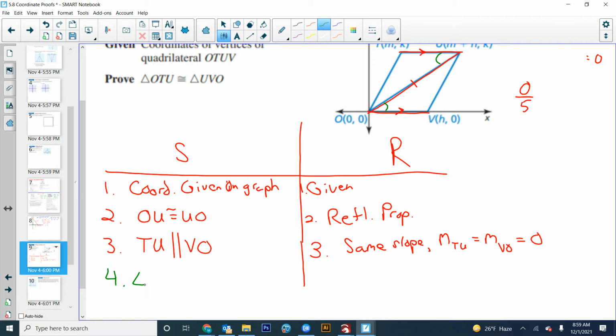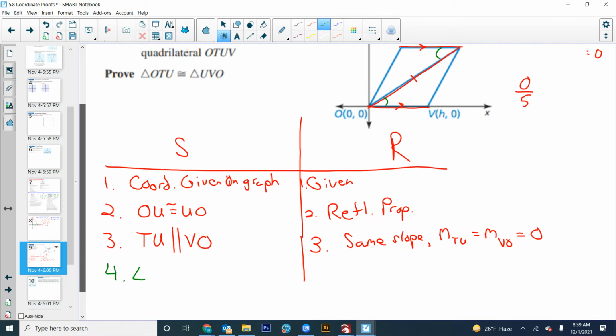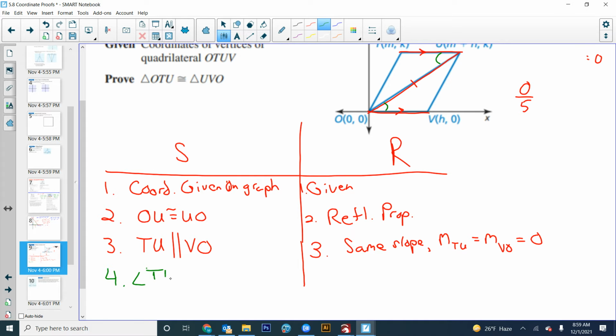Angle TUO is congruent to angle VOU. Alternate interior angles. Good so far?